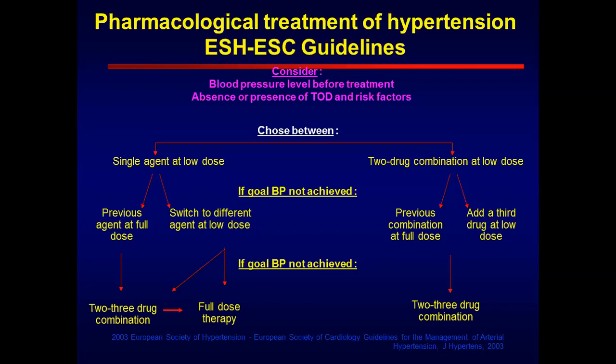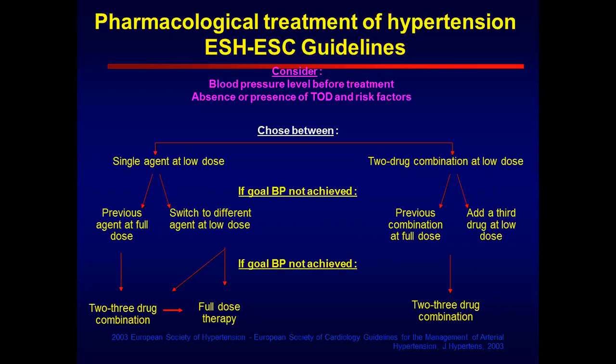At this point, you can have better efficacy, better tolerability, and at the same time a lower incidence of side effects. Remember that when we treat hypertension, one of the most important goals to improve control rate of hypertension is not to interfere as much as we can with the quality of life of the patient.